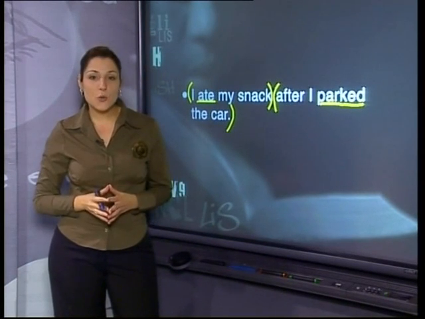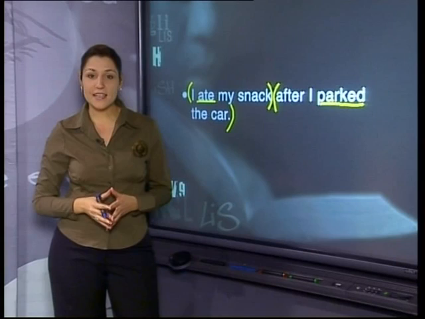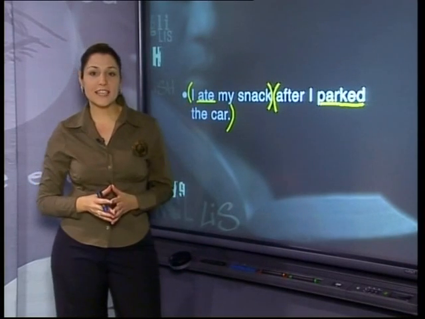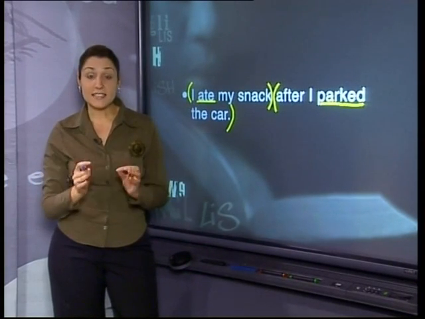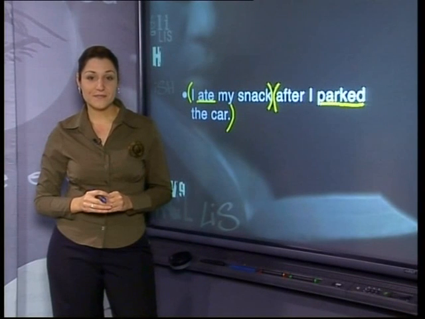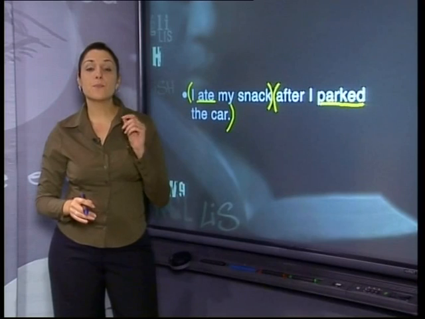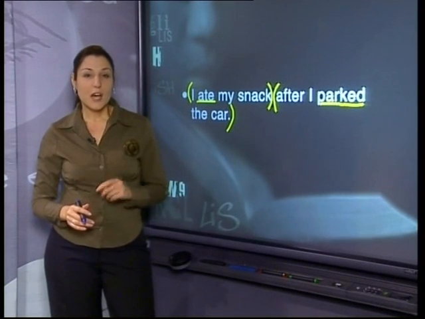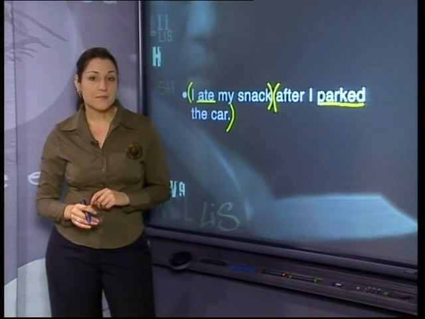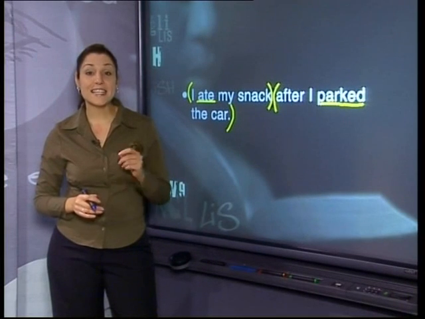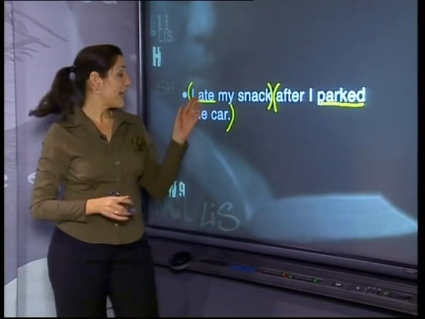Can one of these clauses stand on its own and make sense? The first clause can. So that is the main clause. Now we need to decide what type of clause the subordinate clause is. What is it telling us more about? It's telling us more about eating, about the verb ate.